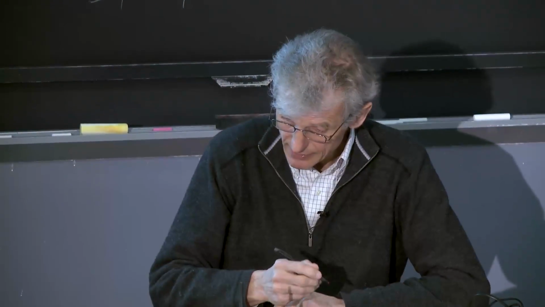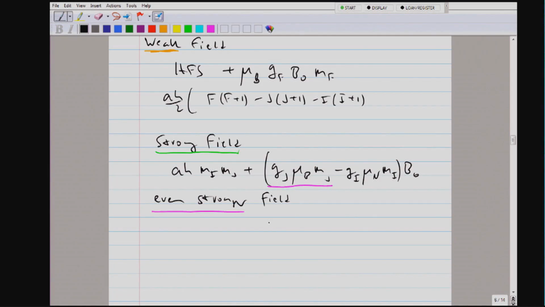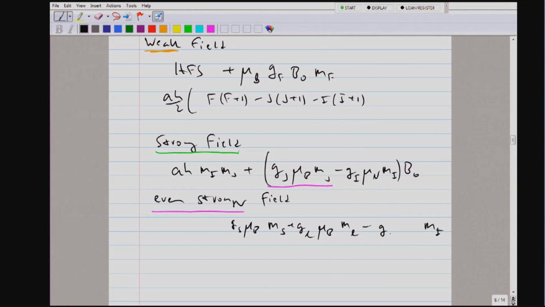And well, without even any derivation, it is obvious what happens: each component which provides a magnetic moment, the spin, the orbital angular momentum, and the nucleus, the dominant term for each of them is the coupling to the magnetic field. So in strong magnetic fields, the eigenstates are labeled by Mi, Ml, Ms. So we've taken care of the strong coupling term.